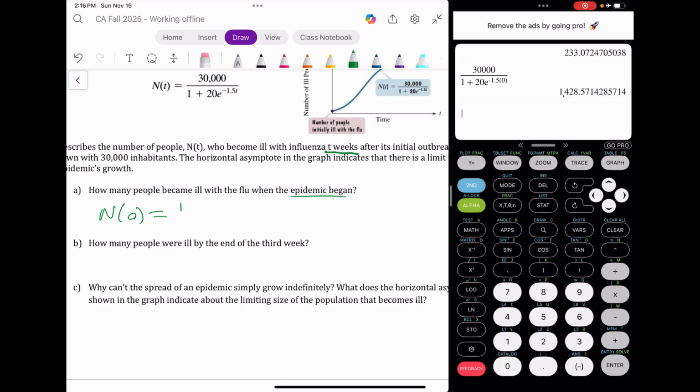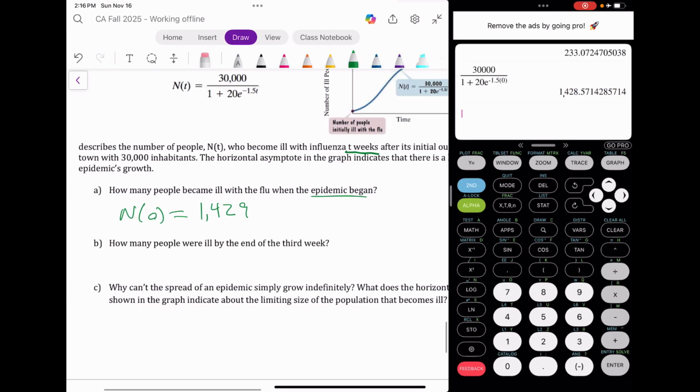Okay, so we'll round to the nearest person since we're dealing with people that are infected. So when the epidemic began, that's how many people were ill with influenza.